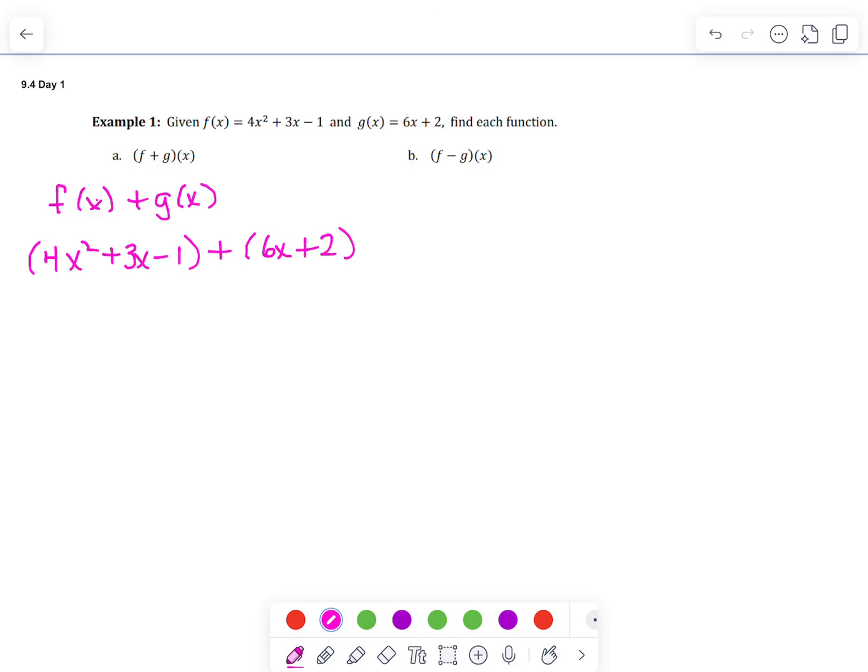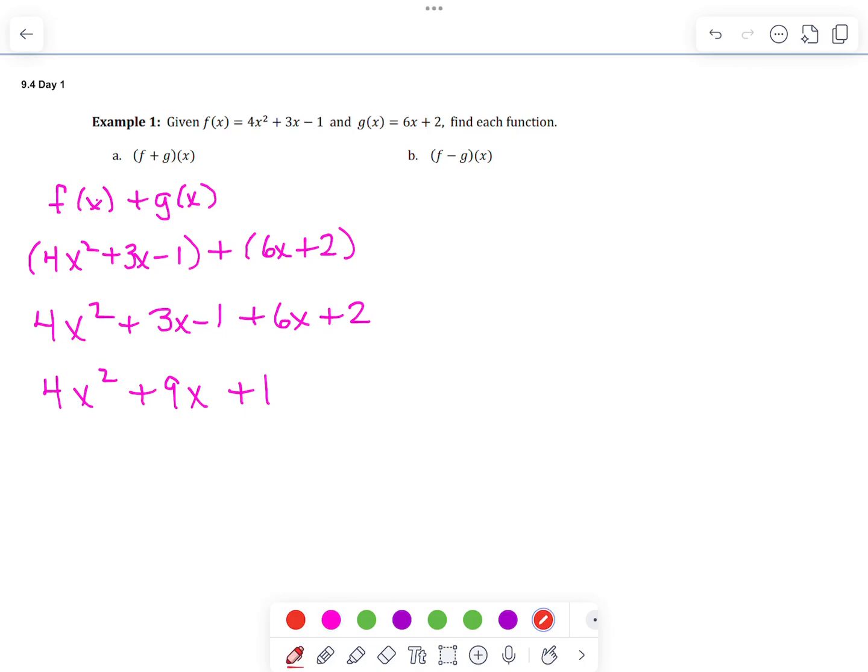So we're going to go ahead and just drop those parentheses, and then put it in standard form and combine any like terms. So we have like terms with 3x and 6x, which is 9x, and then like terms with our constants, negative 1 plus 2 is 1.